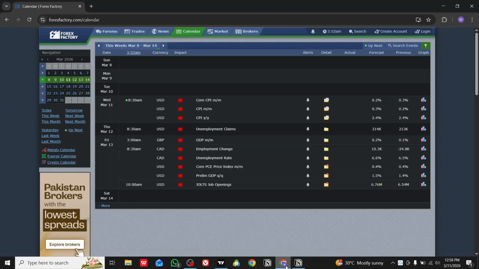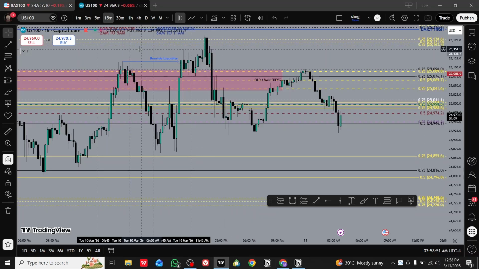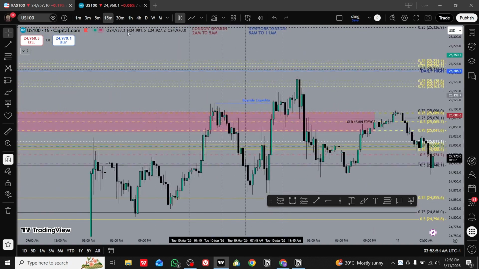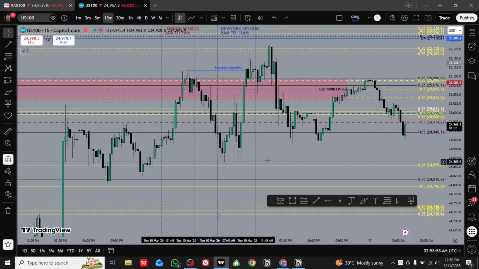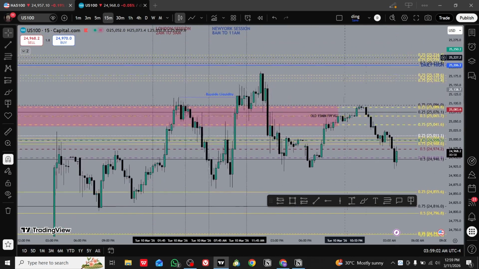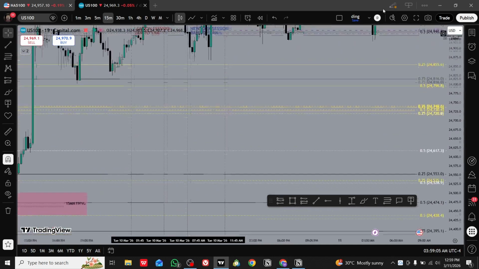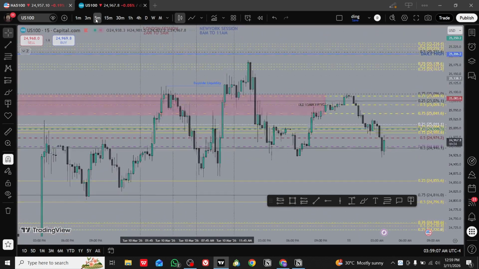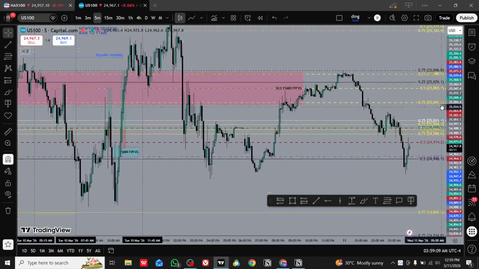So the news: it was a no news day, the day before core CPI day. And you can see on the 15-minute chart, these yellow lines are weekly opening gaps, old weekly opening gaps. All these are weekly opening gaps. I use these.